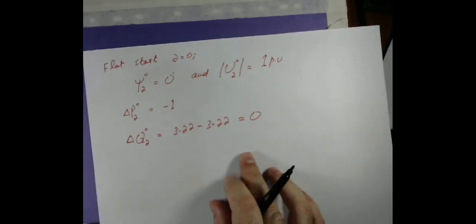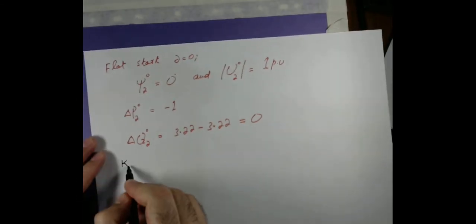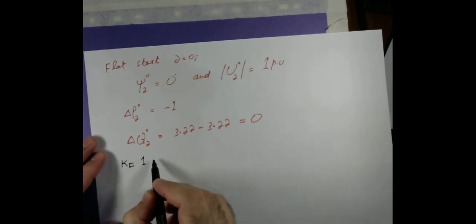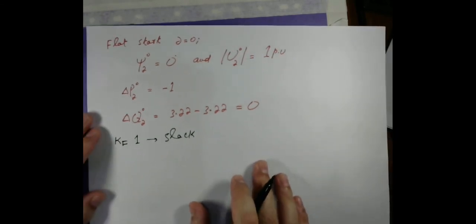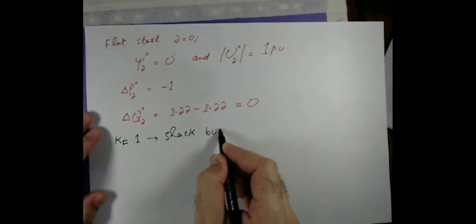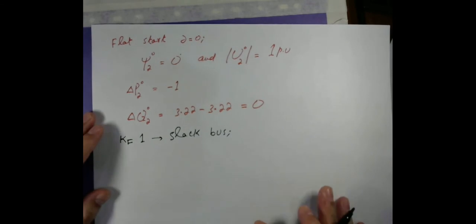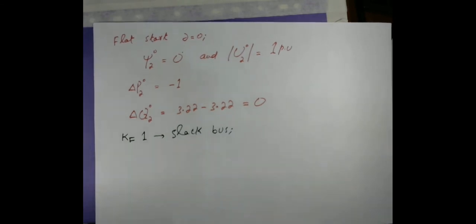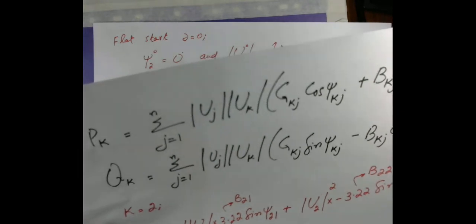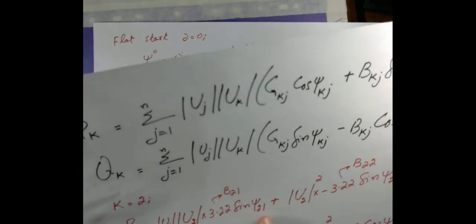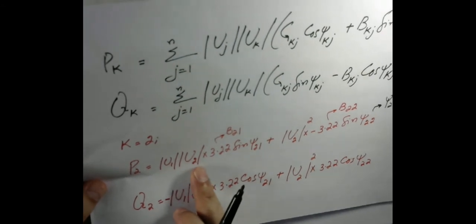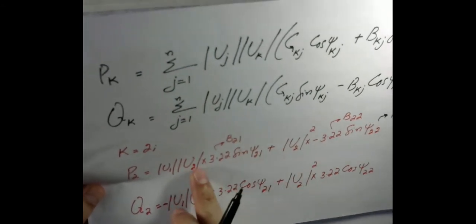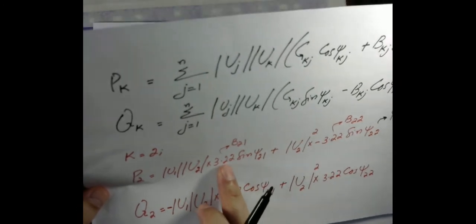So for k equal to 1, which is the slack bus, P2 becomes, because we have already discussed that the slack bus U1 magnitude is 1, and this is the U2 magnitude, and we know the susceptance value.